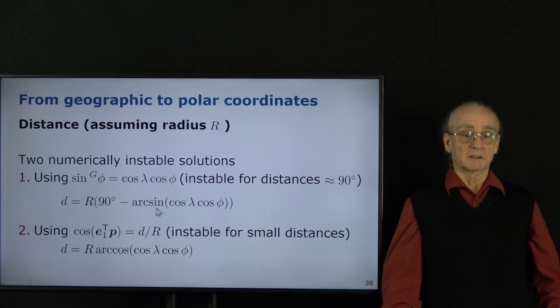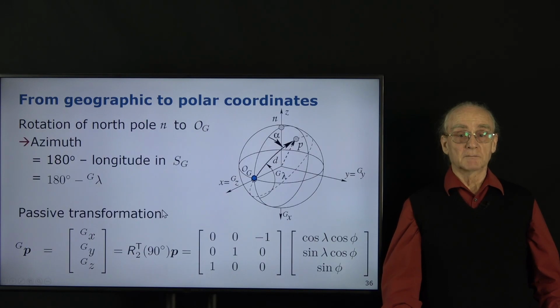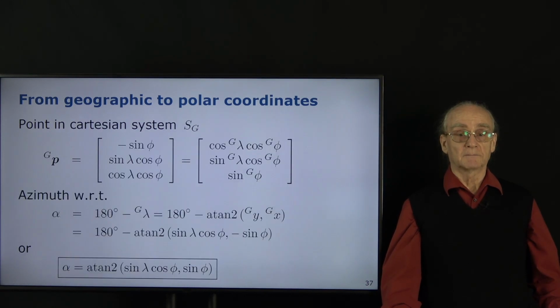We have an arcosine here. And we could also say the distance is very simple to determine, because this D is an angle, namely the angle between this direction vector to P and this unit vector. So we just take the dot product of the unit vector in this direction and the point, and take the arcus cosine, because the dot product is the cosine of the angle.